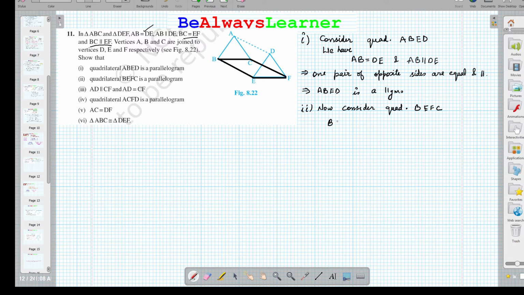So we have BC is equal to EF and also we know that both are parallel.